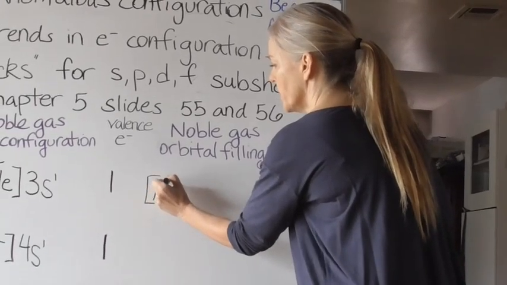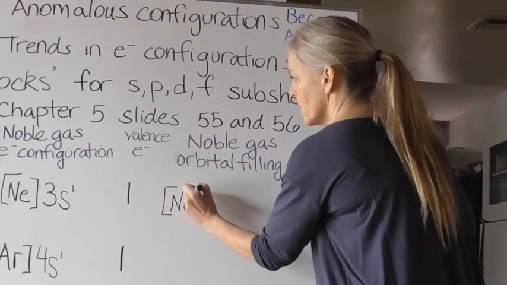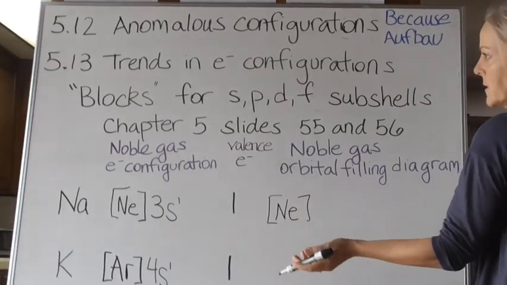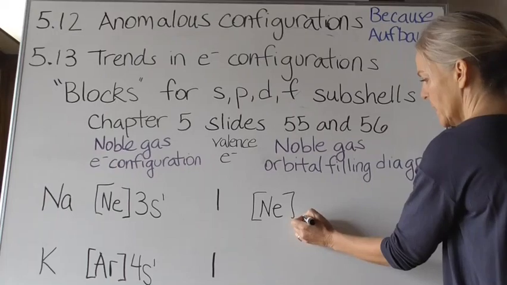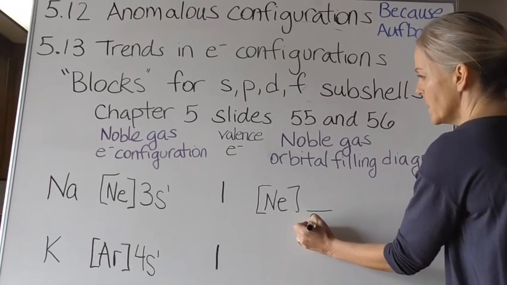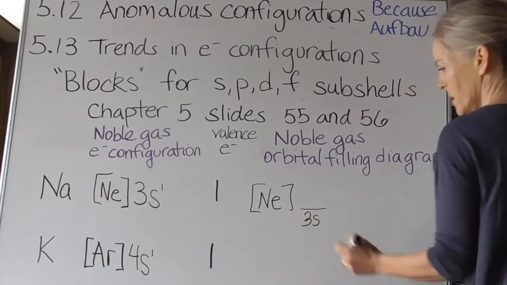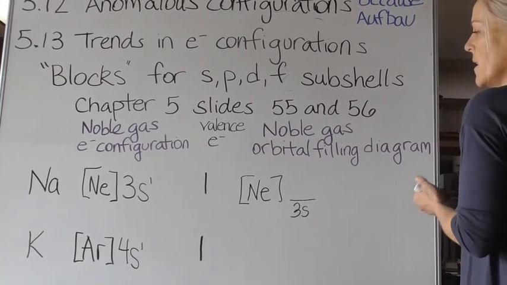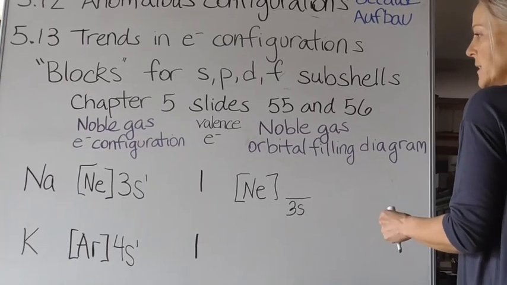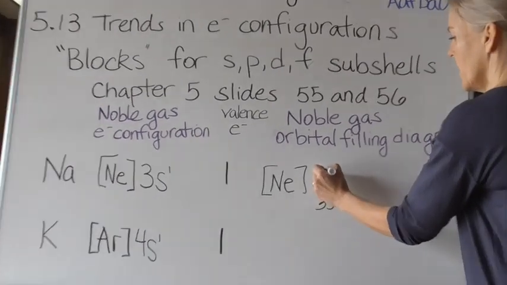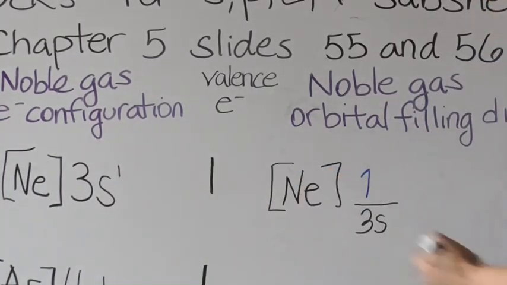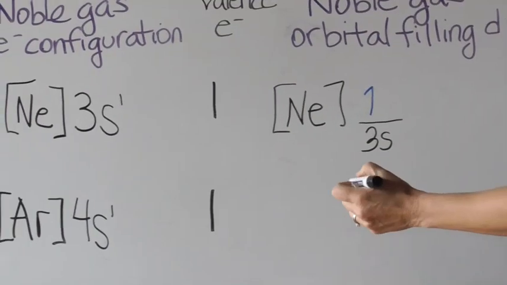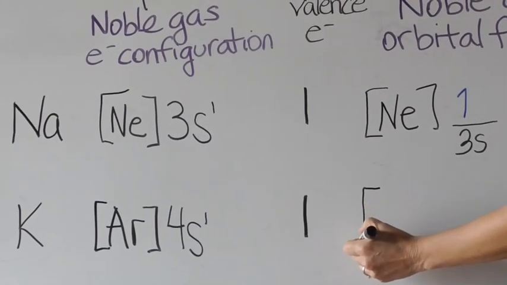So now for sodium, we're just going across, we're still on sodium, still has the same noble gas before it. Remember for these, we're just writing what the orbital is that it's in. And then the little arrows represent the electrons, and we only have one in this 3s orbital. And then we go down to potassium.